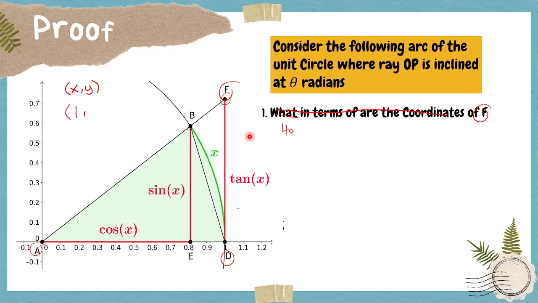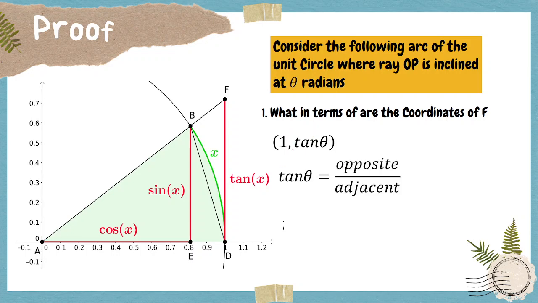So basically, based on this figure, our y is tangent x. Right? So we have now our x here and we have now our y here. So what are we going to do? Remember, tangent theta is equal to opposite over adjacent.